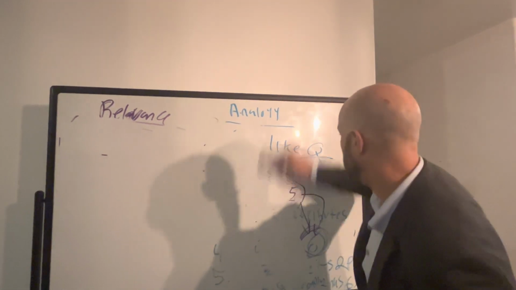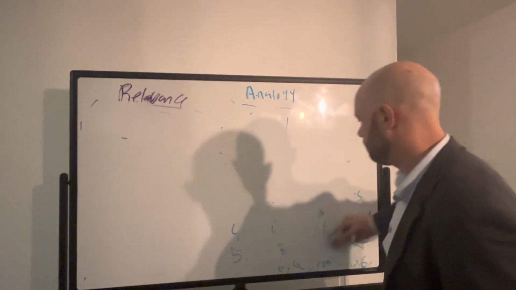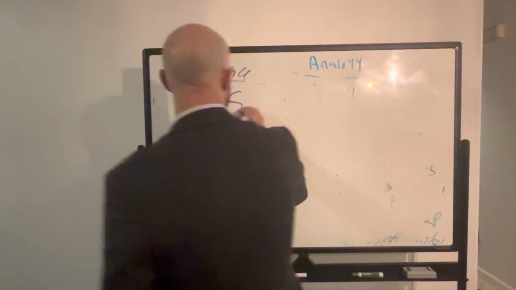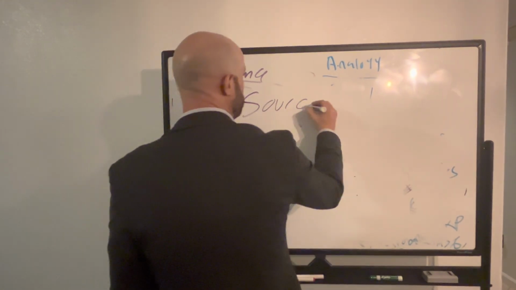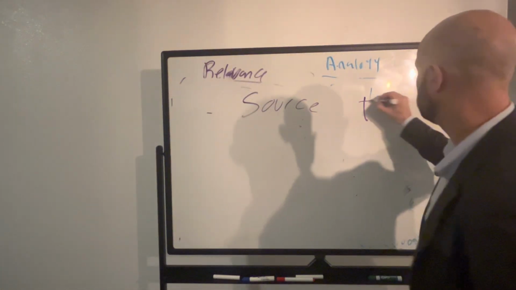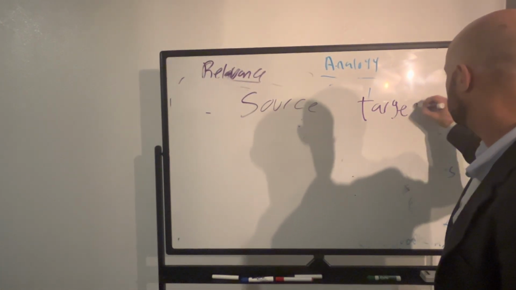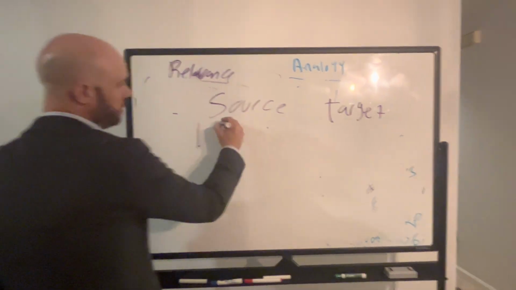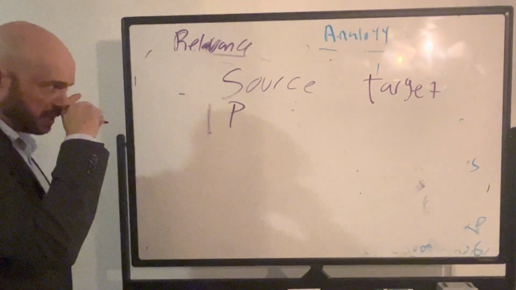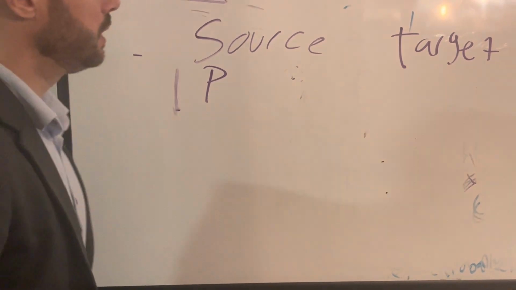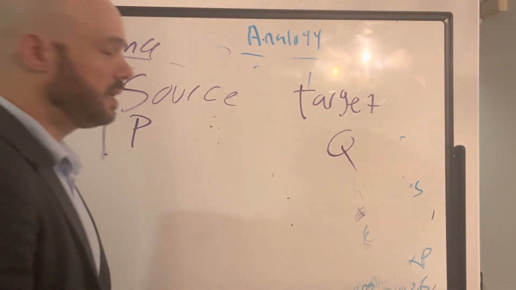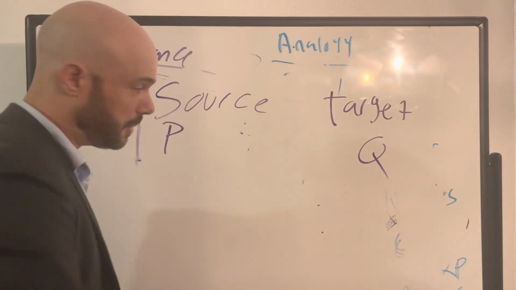So in an analogical argument, you have something called a source and a target. The source here is the P, so whatever that happens to be, maybe it's a clock. And the target is the Q in this case, perhaps the world or something.